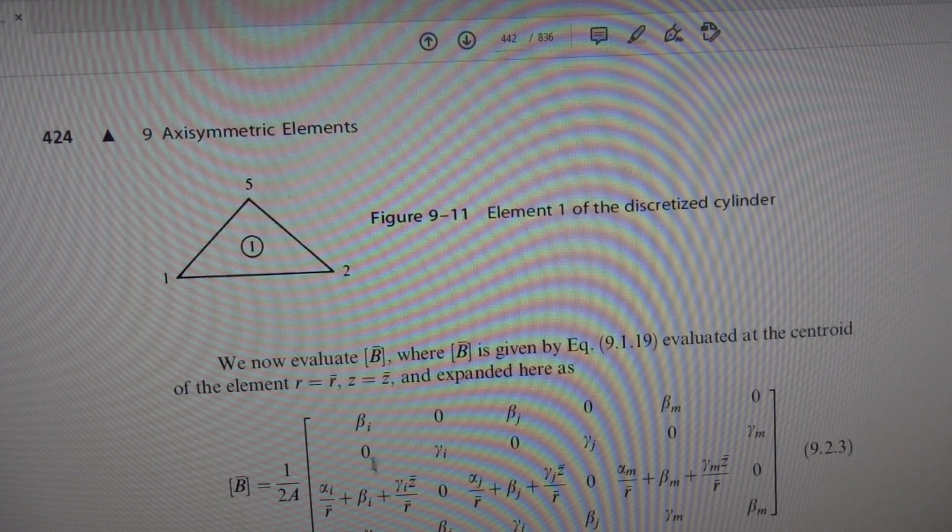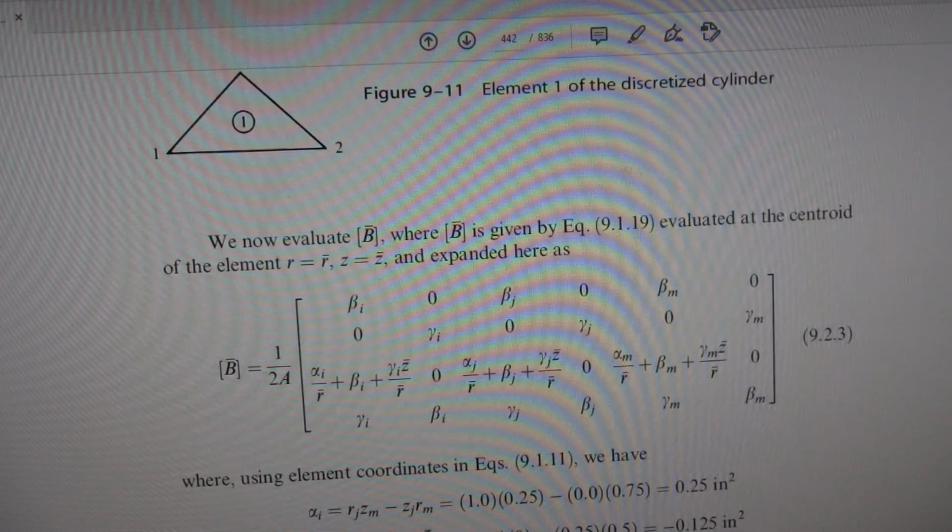I have written the D matrix 2 times in the notes where axisymmetry has been explained. First I considered this type of B matrix. Next I changed the D matrix, so it becomes according to the theory discussed for the axisymmetric problem. But no matter, you can put epsilon theta at this location and gamma rz here.